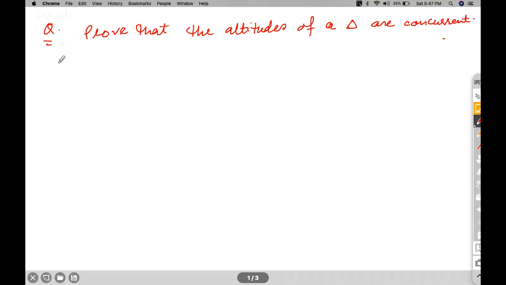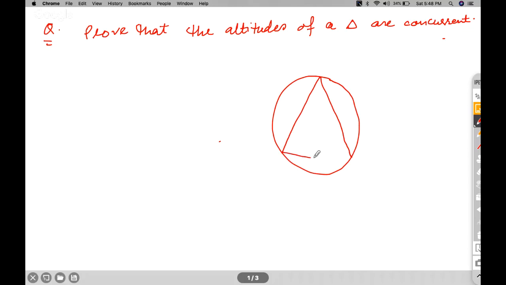So see, what I'm doing is, let's take a triangle ABC, and BE is perpendicular to AC.